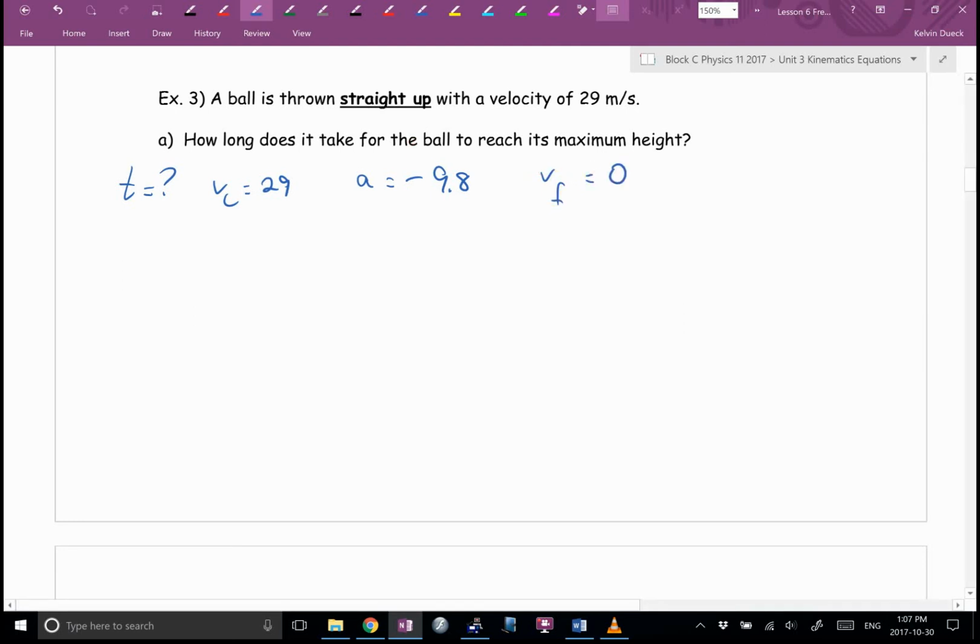Okay. I'm looking for an equation that has a T, a VI, a VF, and an A. There is one. Which one? Cole, which one? He's thinking. Good.